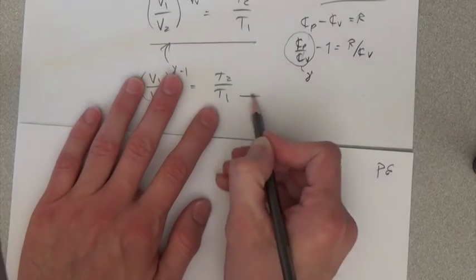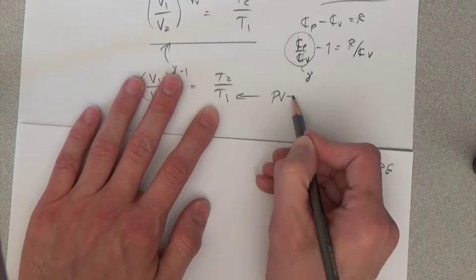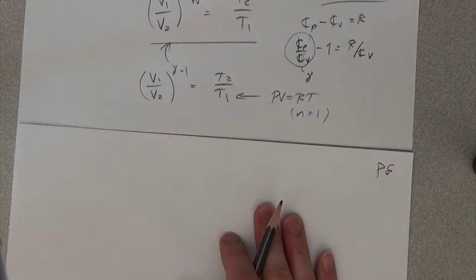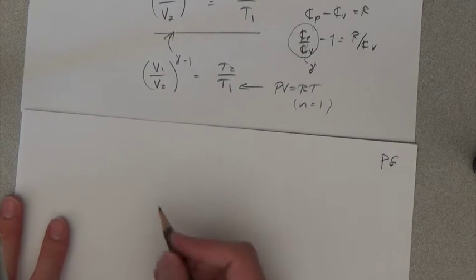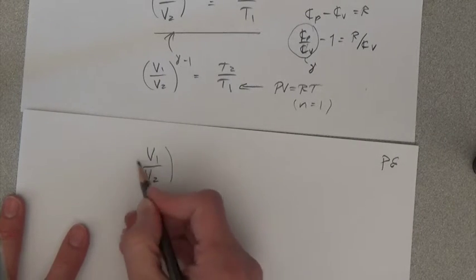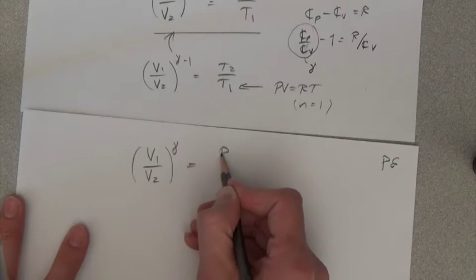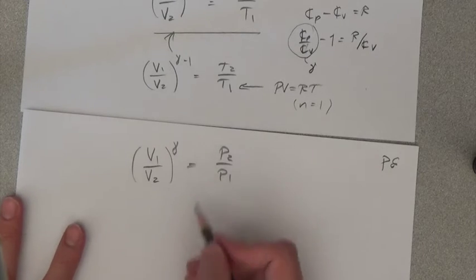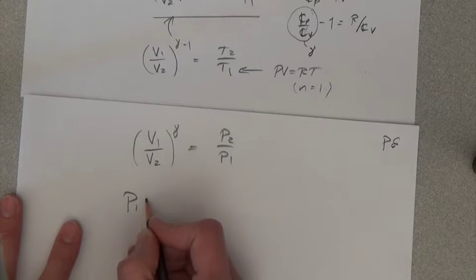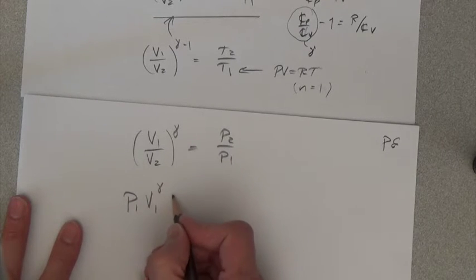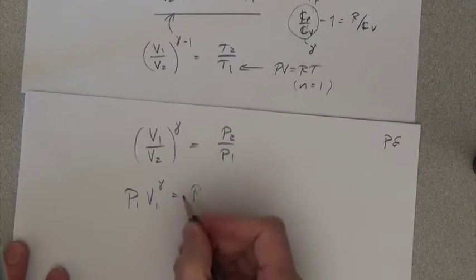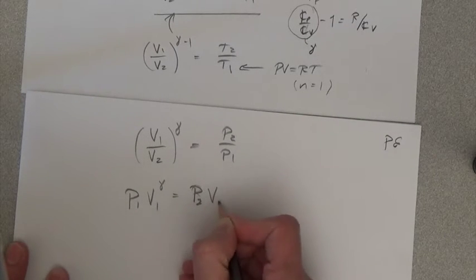And here, using PV equals nRT and n equals 1, that lets us write V1 over V2 to the gamma is equal to P2 over P1, or taking these to either side, P1 V1 gamma is equal to P2 V2 gamma.